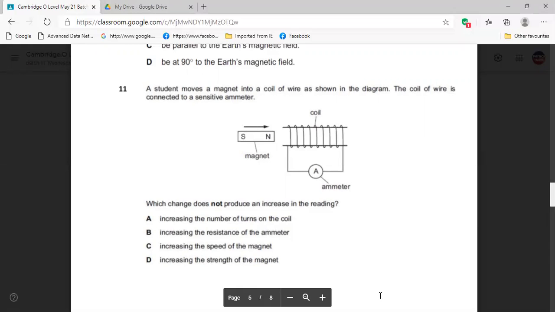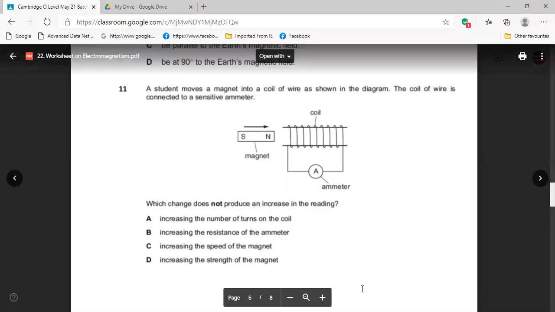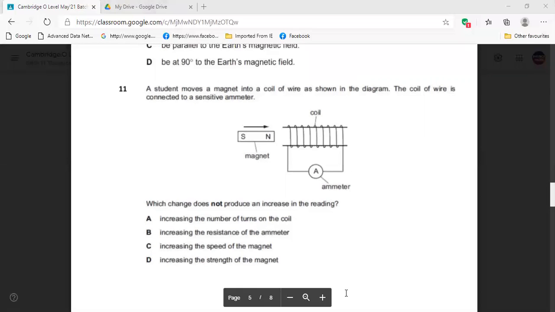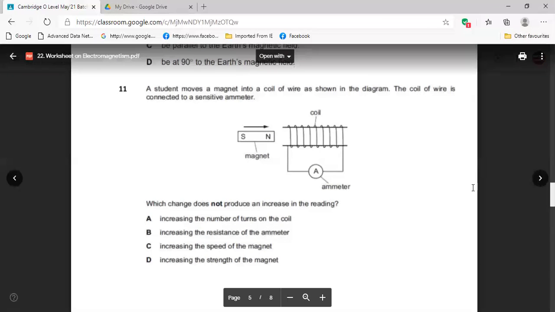It's directly involved with the next topic. By increasing the speed, we are having induced current, right?